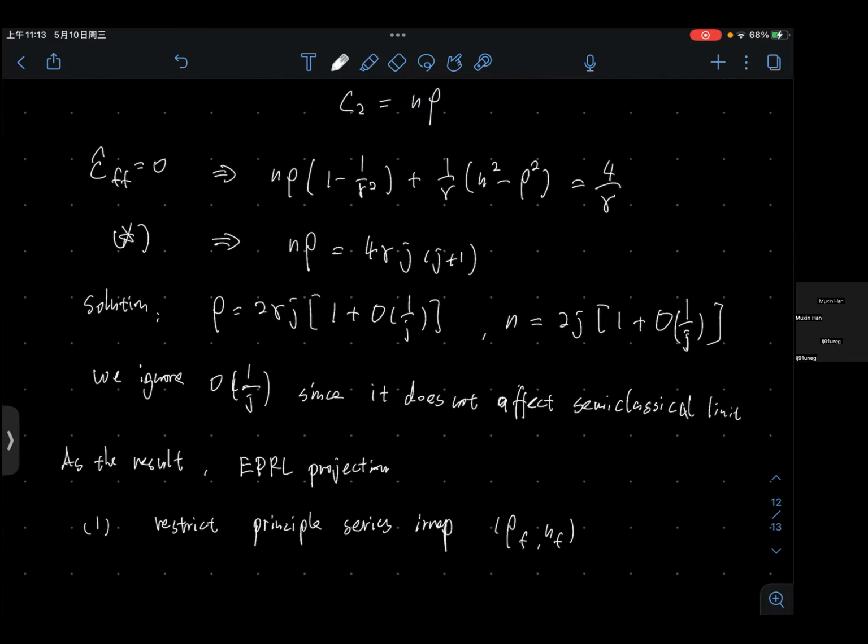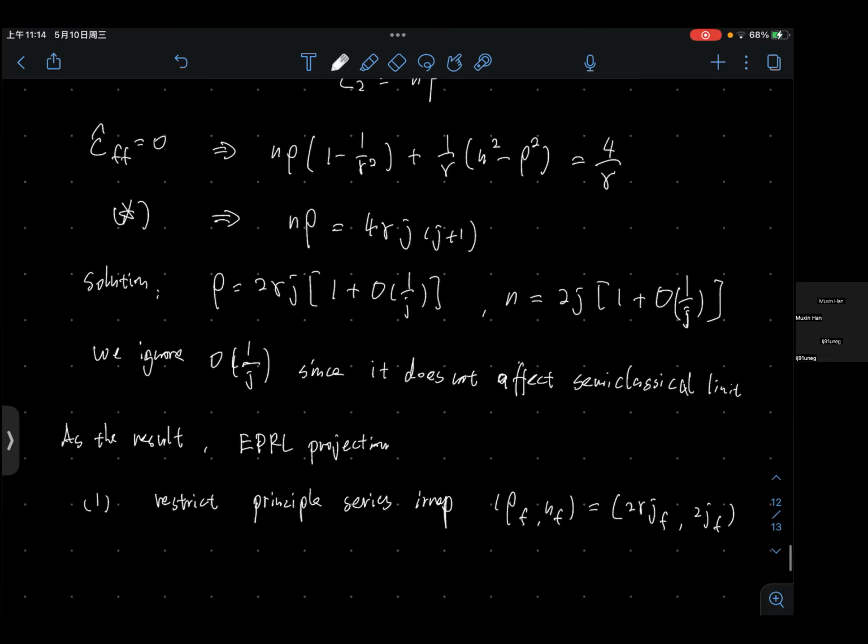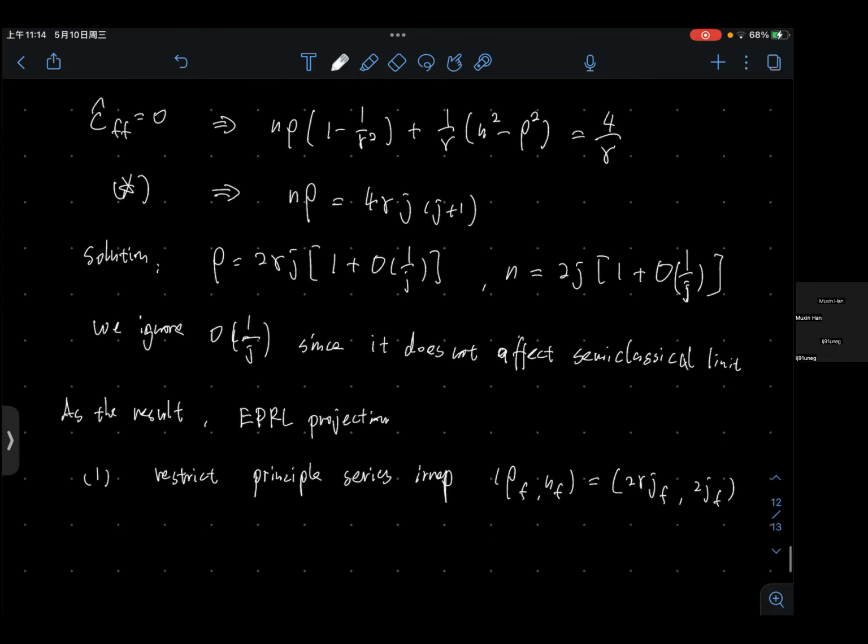Remember, for spinfoam, every representation is associated to a face. So the representation is labeled by f to be (2 gamma j_f, 2 j_f). So we only look at those irreducible representations.